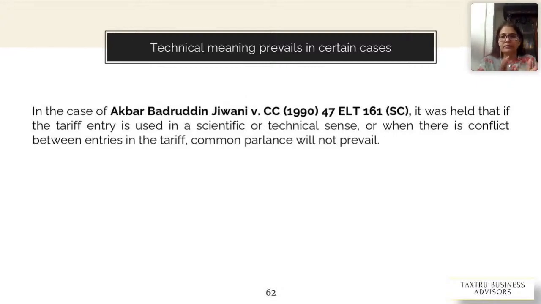There may be some product which has a specific mention in some of the chapters, but that may be used in a very different way. That may not be used as it has been described, or the end use may be altogether different. But still, in case of some scientific or technical sense, if there is some kind of usage or mention of that particular entry, then you have to resort to that entry itself.